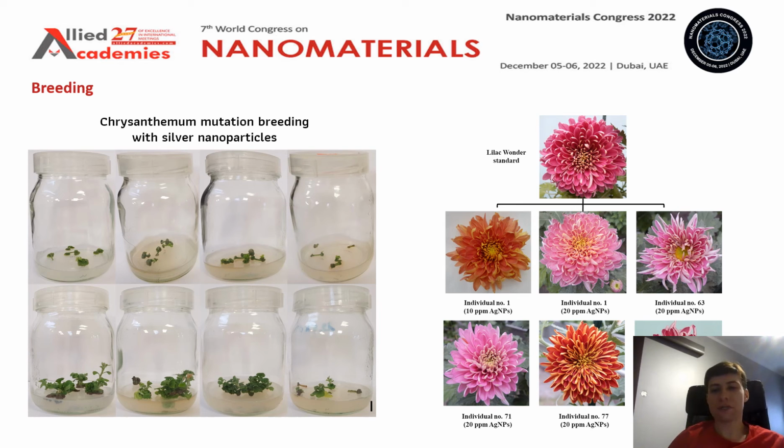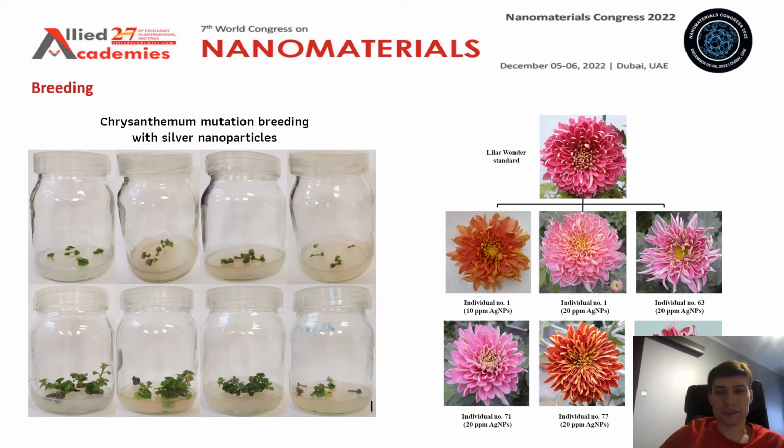The results were also very interesting because we observed again that the increasing concentration of nanoparticles reduced the development of adventitious shoots, but that's quite normal in mutation breeding because usually a mutagen is a quite aggressive factor. So it affects plant development negatively, but at the same time, it can alter its genetic structure due to the induction of some mutations.